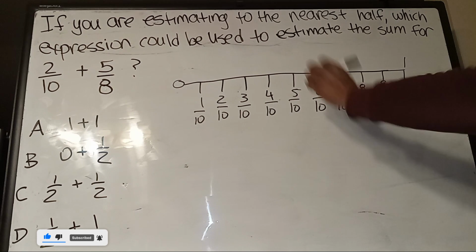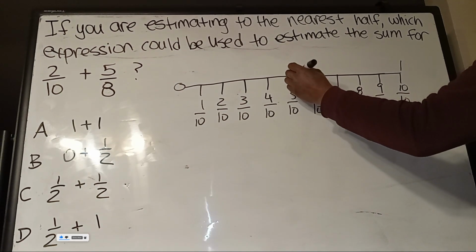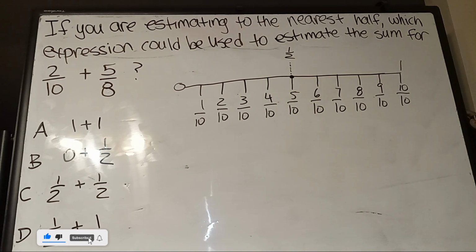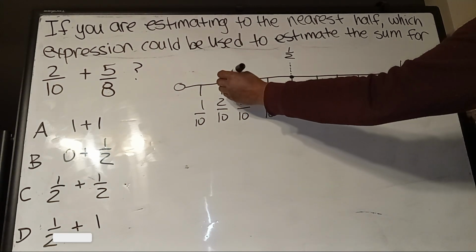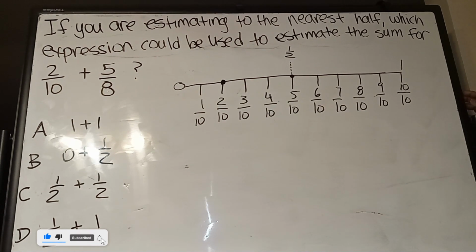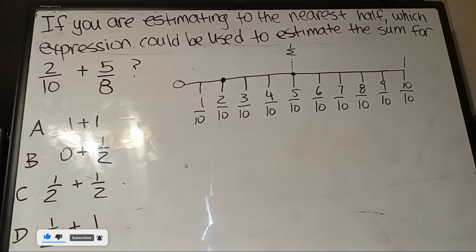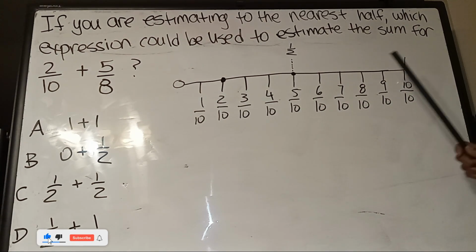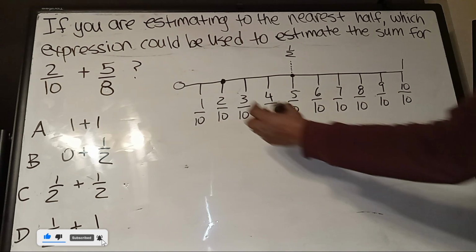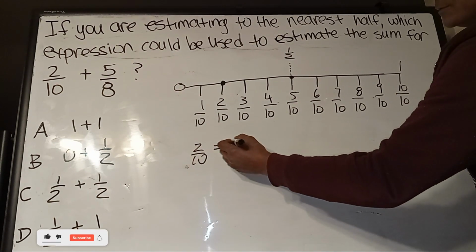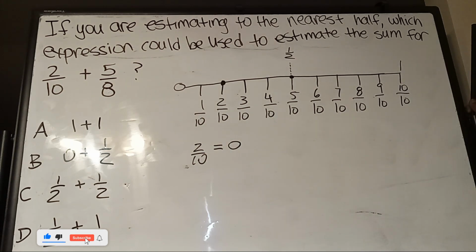Oh, there we go. 5 times 2 gives us 10, and that's where we're going to put our half mark. Our problem says we have 2 over 10, so we're going to mark that. And we ask ourselves, is it closer to 0, 1/2, or 1 whole? 0. Exactly. So that means 2 over 10 is equal to 0.